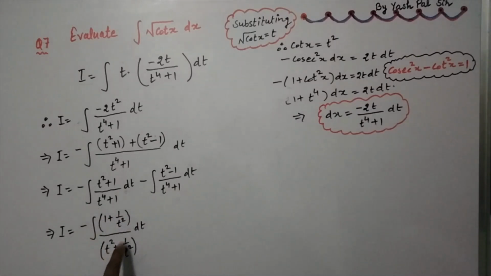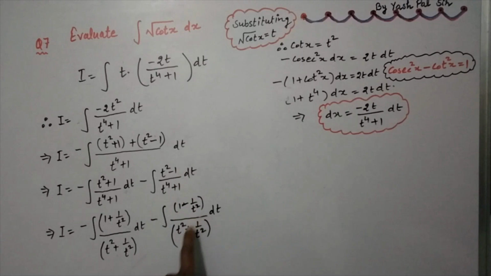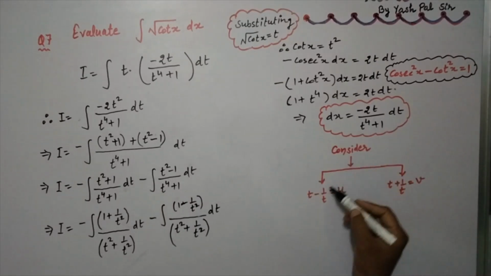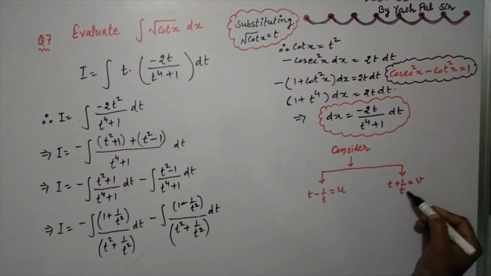So the first integral becomes, on dividing numerator and denominator by t square, 1 plus 1 upon t square, and the denominator is t square plus 1 upon t square. Similarly, the second term, 1 minus 1 upon t square, divided by t square plus 1 upon t square.